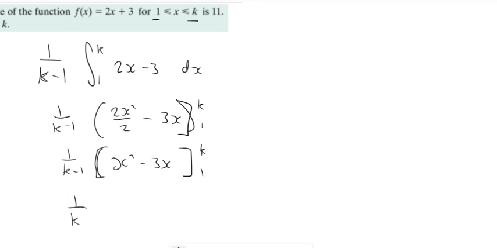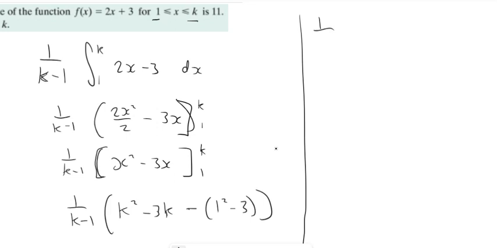So we get 1 over k minus 1, so k squared minus 3k, and then take away 1 squared minus 3. So now we've put in our k and our 1, so we get 1 over k minus 1, then k squared minus 3k, and then 1 minus 3 would be minus 2, but it's going to be plus 2 because of the minus outside the bracket.